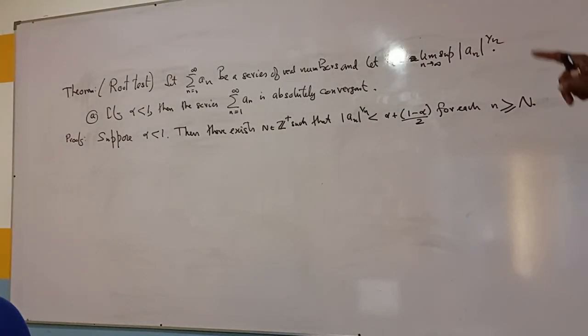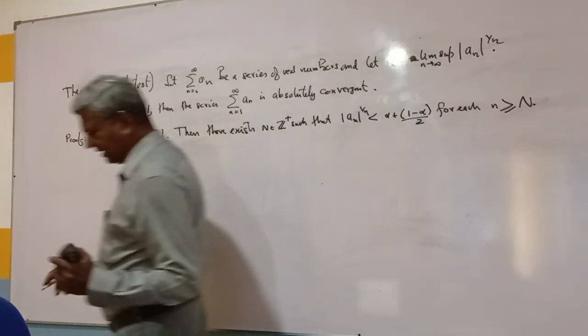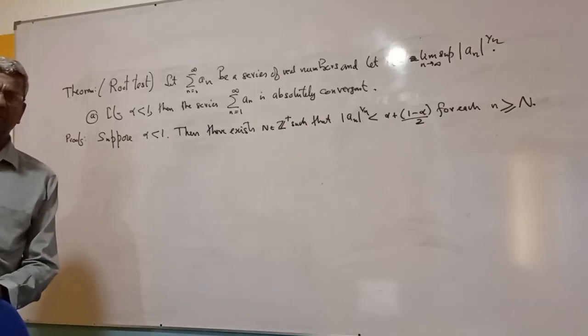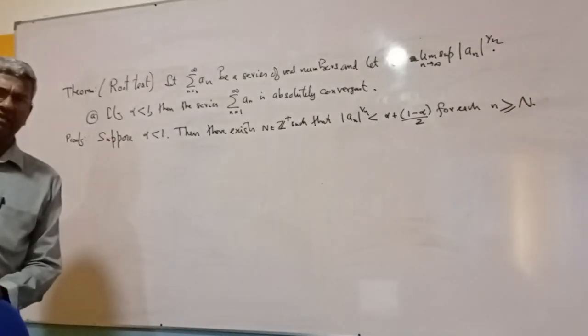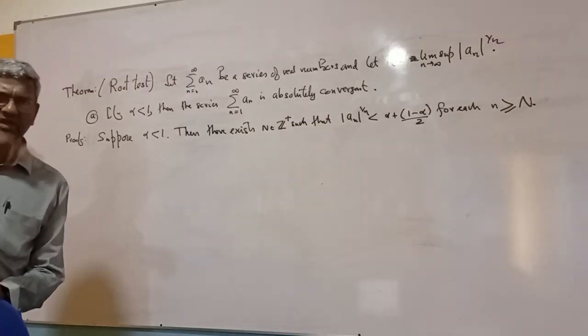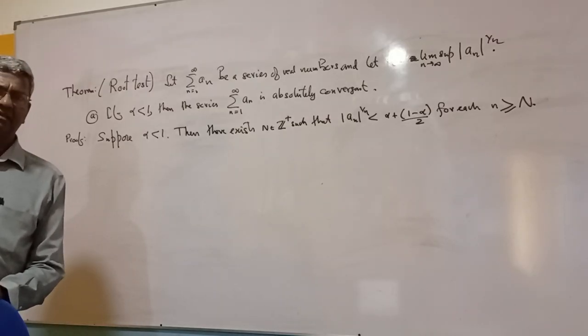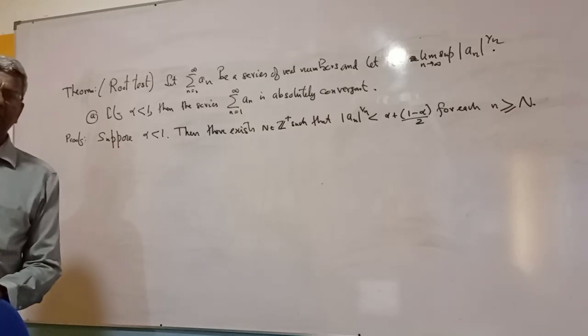This is from limsup. Limsup a_n equals capital lambda if and only if, given any epsilon, there is a capital N such that a_n is less than lambda plus epsilon for each n greater than N, and for each m belonging to Z, there is an n belonging to Z plus such that n greater than m and a_n greater than lambda minus epsilon.